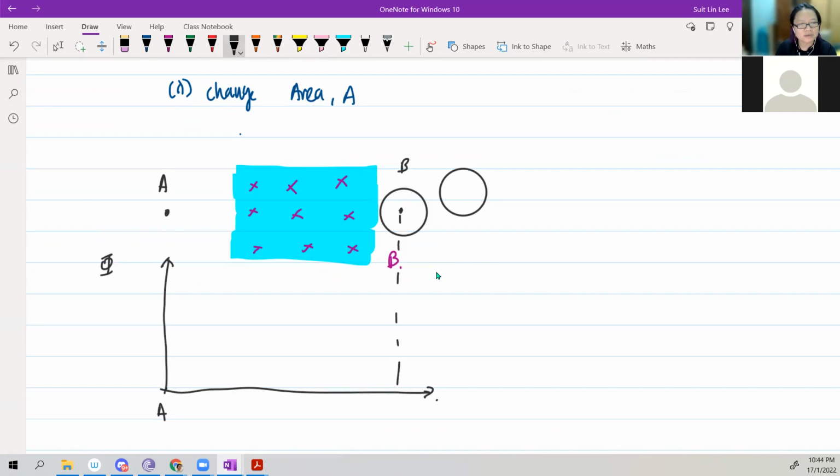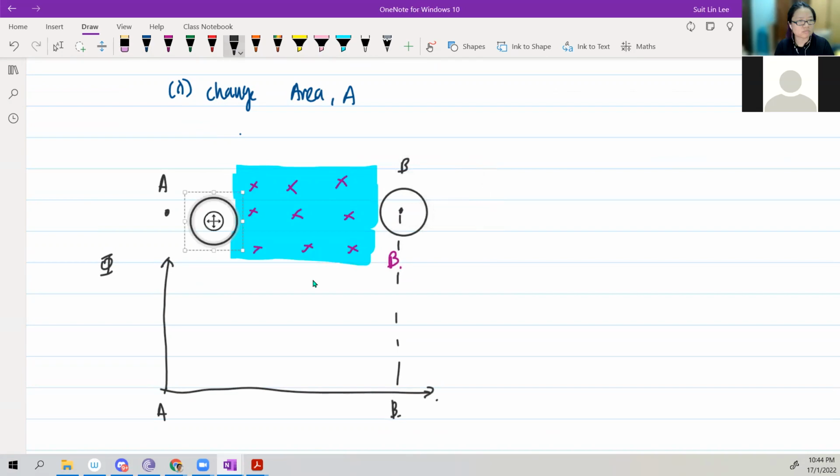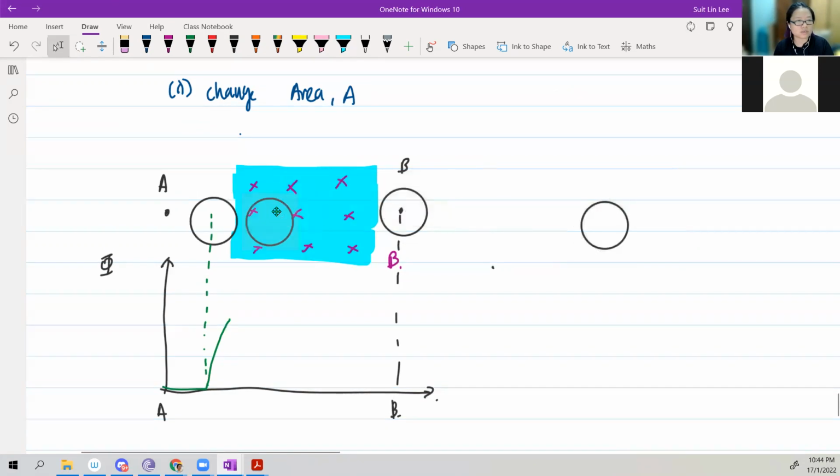So only when the coil is here onwards that the flux will increase. So only here onwards, 0, 0, 0, 0. Once it enters, it will begin to increase to a maximum. So it will increase to maximum when this coil is here. Okay.